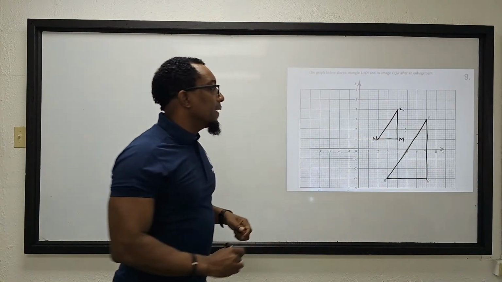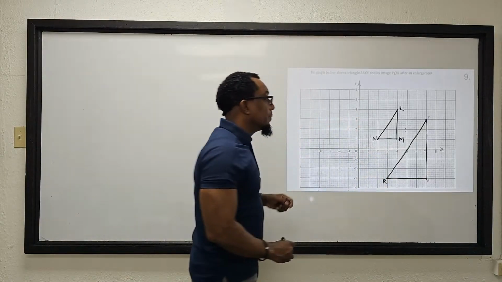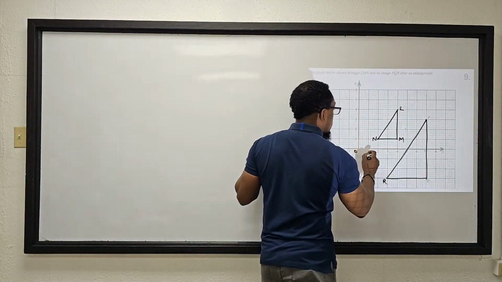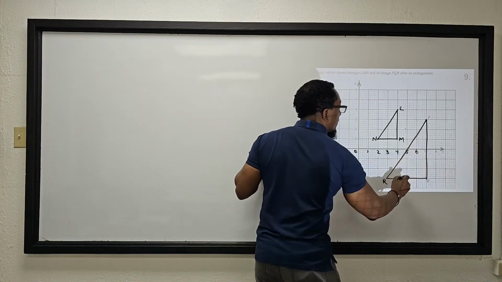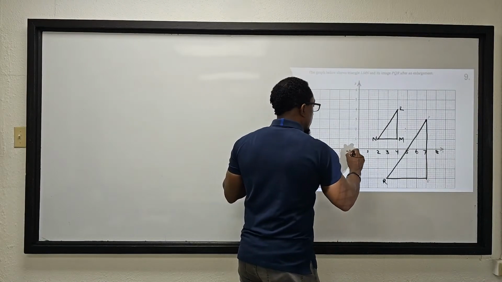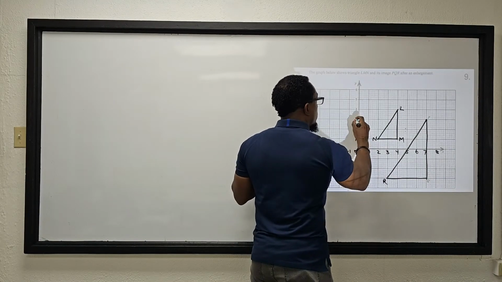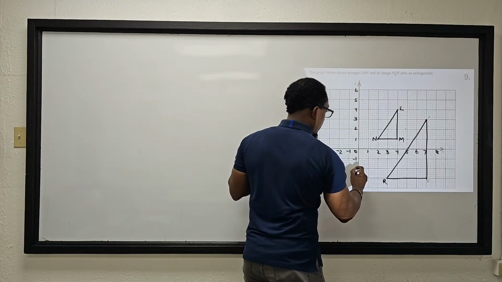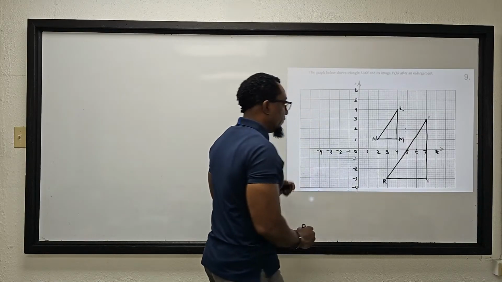We have the triangle PQR. This here is, of course, the y-axis and the x-axis: 0, 1, 2, 3, 4, 5, 6, 7, 8, negative 1, negative 2, negative 3, negative 4. On the other axis: 1, 2, 3, 4, 5, 6, negative 1, negative 2, negative 3, negative 4. Good.